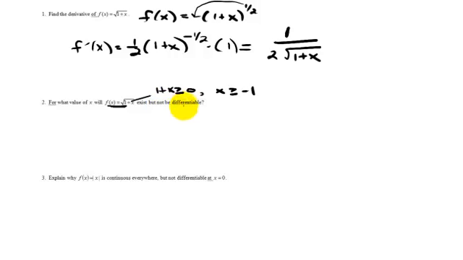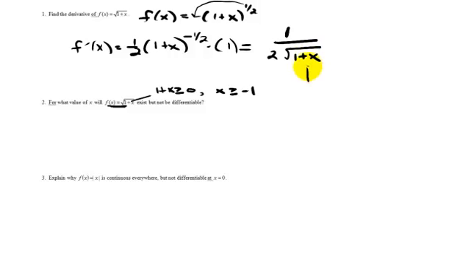Now, where is it not differentiable? If you take a look up here, it's not differentiable when, well, same thing. If you have a radical, we need to make sure that x is greater than or equal to negative 1. But if it equals negative 1, what happens? This becomes 0.